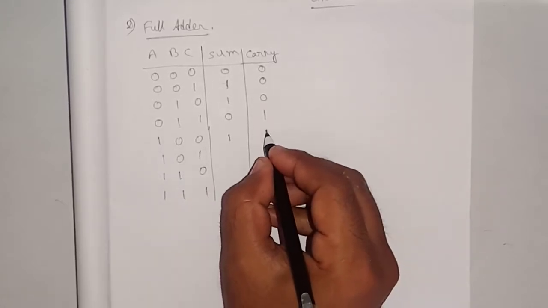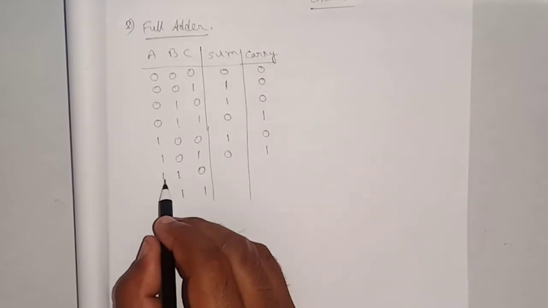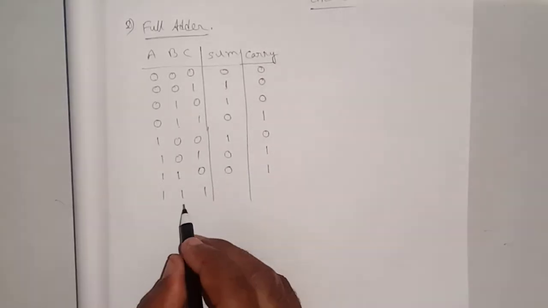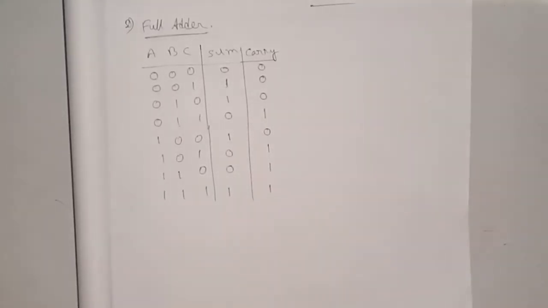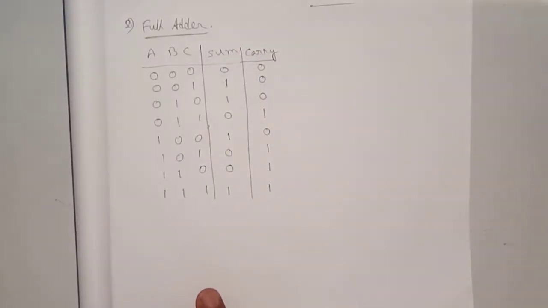Then 1 carry 0, 0 carry 1, 1 plus 1 is 0 carry 1, and for all 1s both are 1. Okay, I hope you understand the truth table we get from the formula.